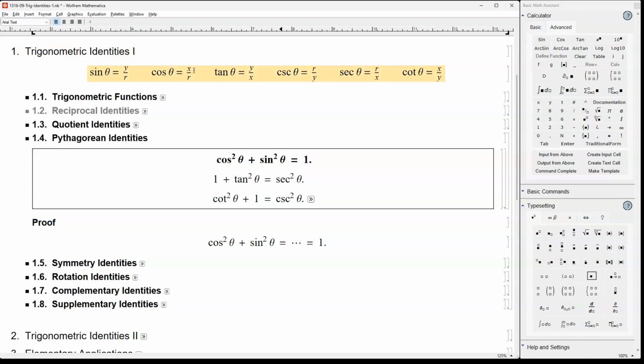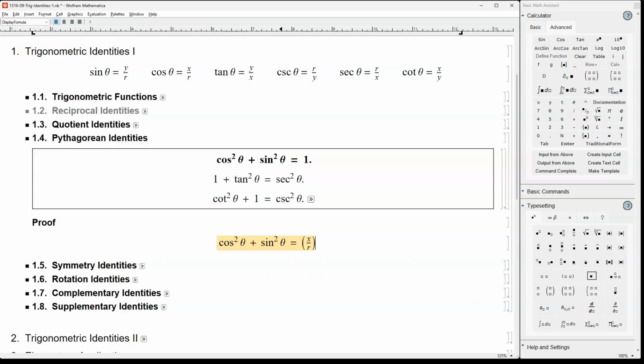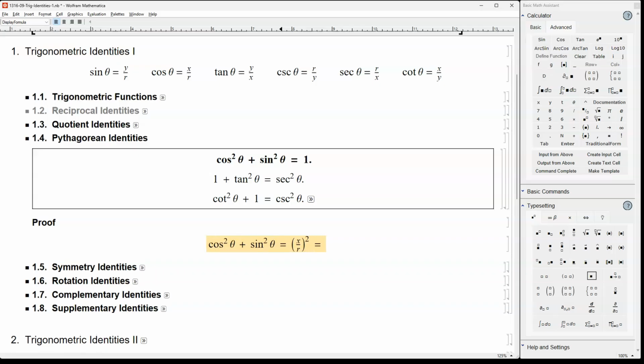X over r. The definition of sine, y over r. Therefore, this is x over r squared plus y over r squared. That's what I get. Next, break up the parentheses.